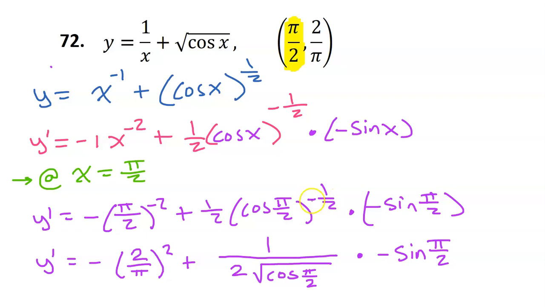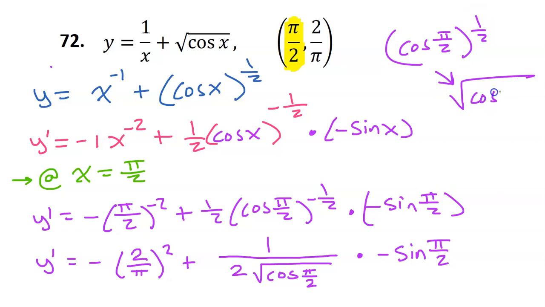Because of the negative, I had to drop this whole expression down into the denominator. And if I have cosine pi over 2 to the 1/2 power, we know that is the same as the square root of cosine pi over 2. So that's why when you combine those two things, I end up with 1 over the square root of cosine of pi over 2. Square root because of the 1/2 power, it's in the denominator because it was negative.